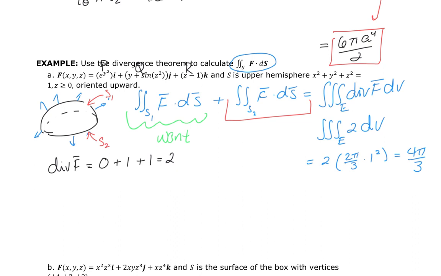Okay, so because I can go right to it, I know that F dotted with dS, in this case on the surface, is going to be, well, dS is just the vector in that direction, and that direction is straight down, so that's just going to be negative k.